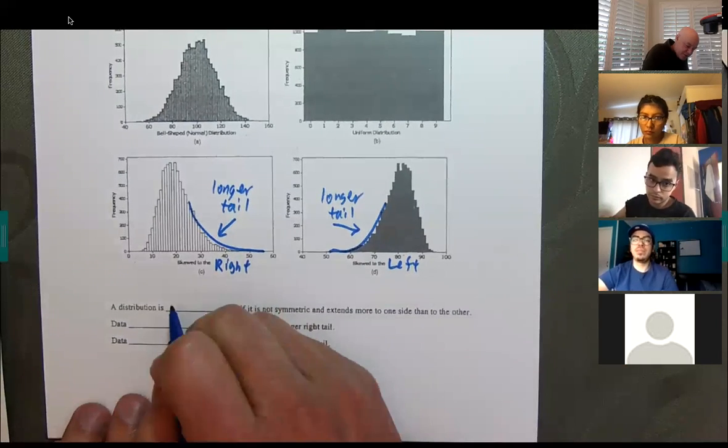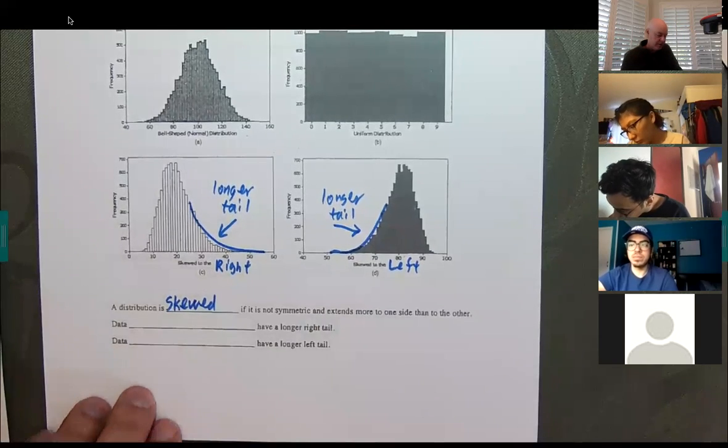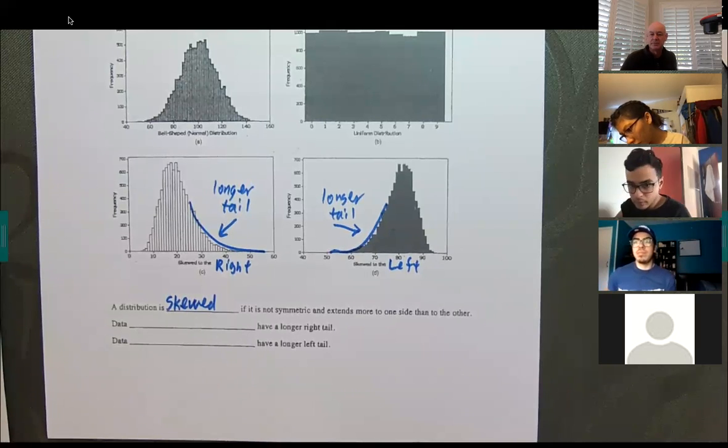So a distribution is skewed if it's not symmetric. Symmetric means it's equal from one side to the other. For example, people tend to be symmetric, right? Chop them right down the middle. No one is perfectly symmetric.